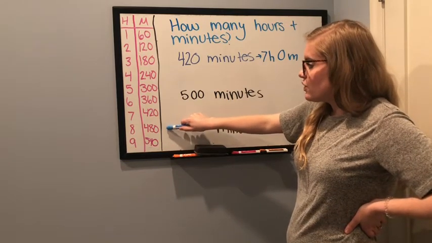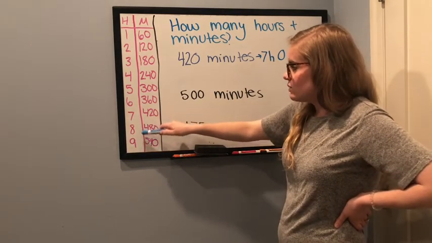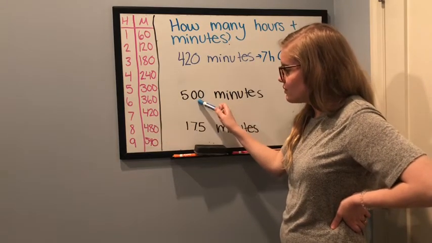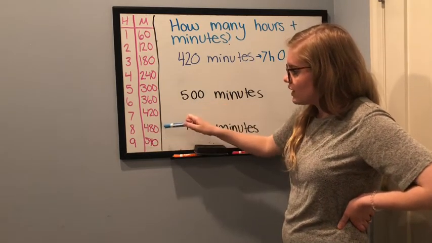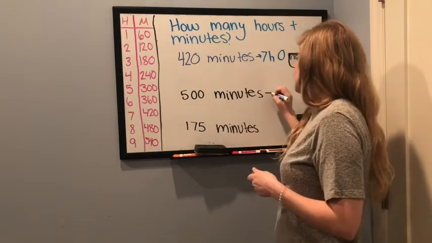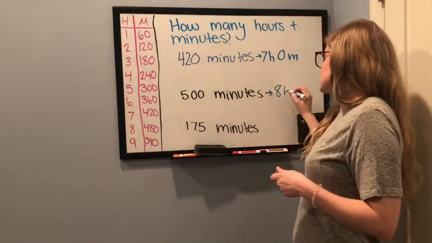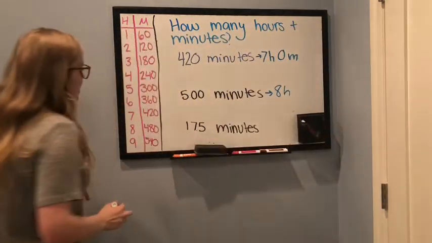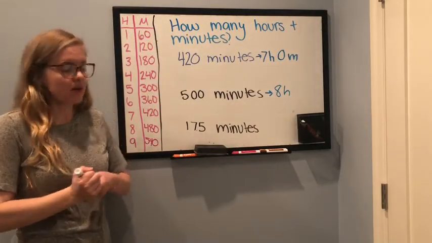So I know that we're in between 8 and 9 hours because 500 minutes is between 480 minutes and 540 minutes. So I know that it's 8 hours, but I don't know how many minutes.